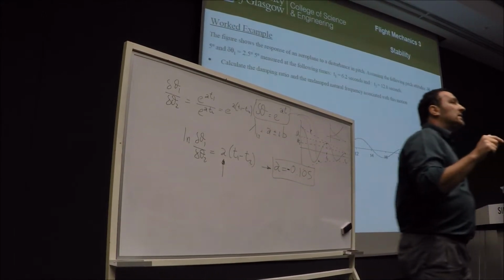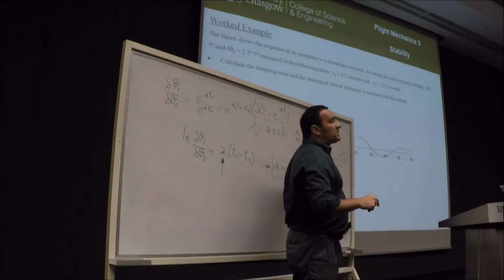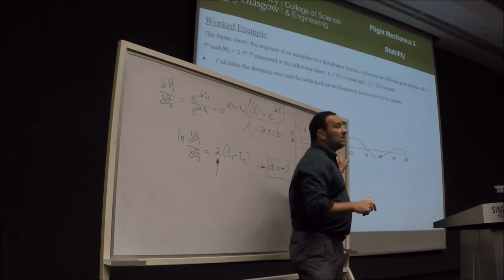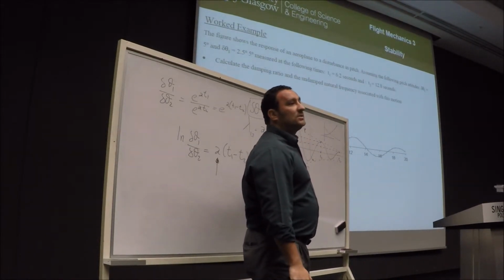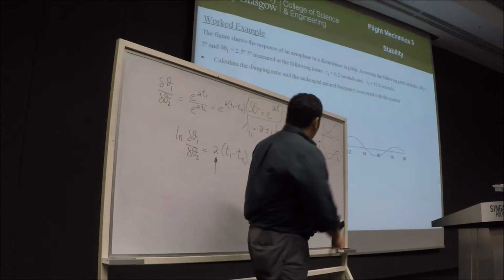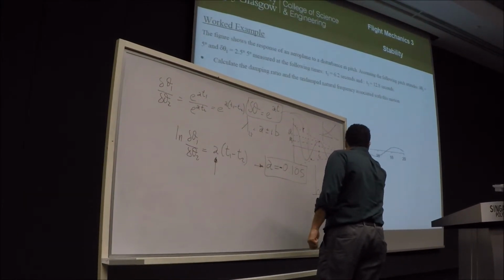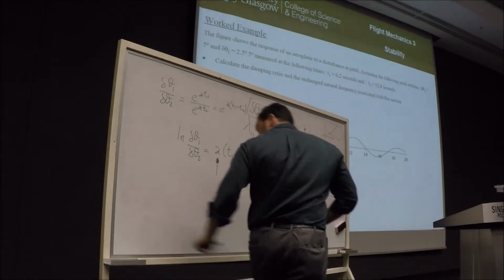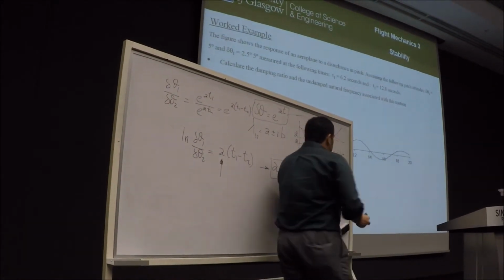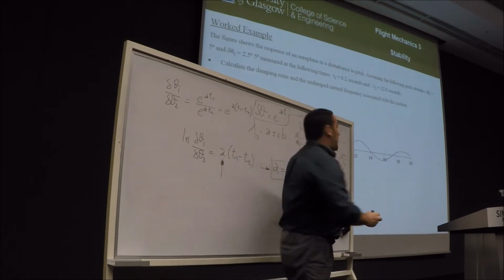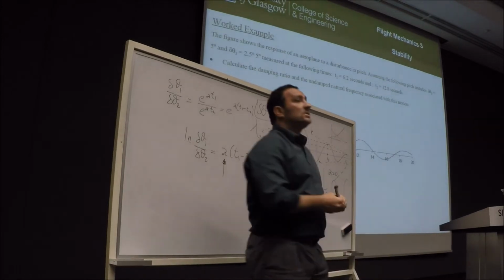If the perturbation is stable, A has to be negative. If we had a perturbation like this, so this here is our envelope, in this case the value of A would need to be positive.